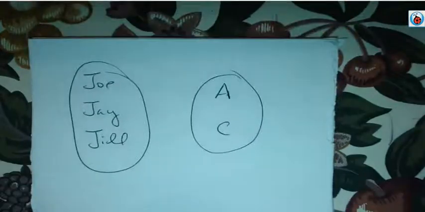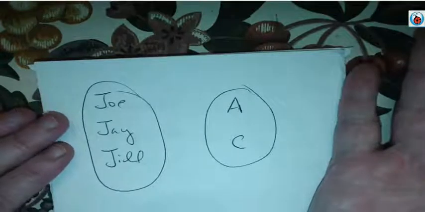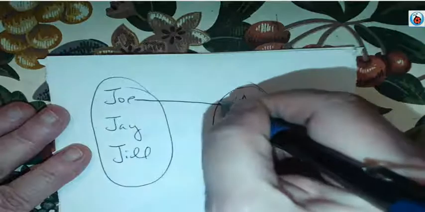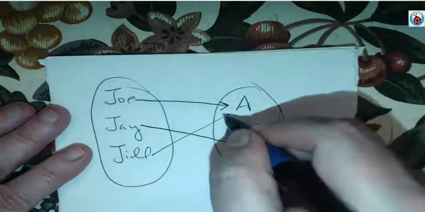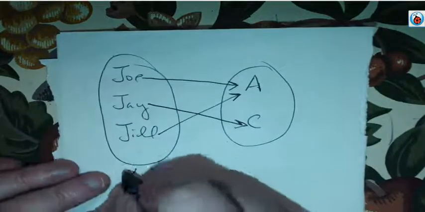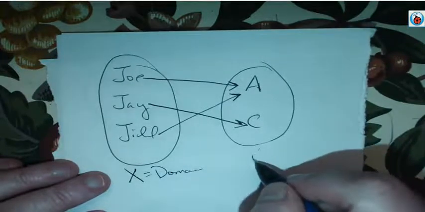Okay. Here's another example of a relation. So this can be, what did these students get in the course? Well, suppose Joe got an A in the course, Jay got a C, and Jill got an A. So I do have a pairing between my domain and my range.